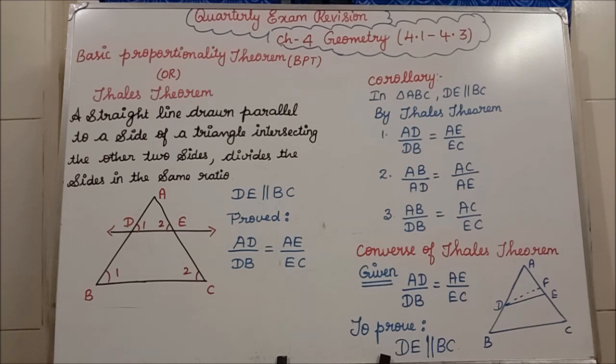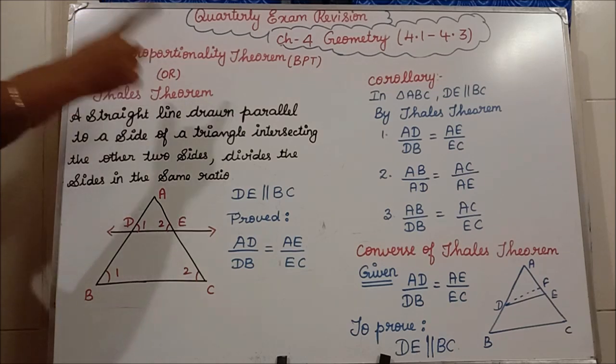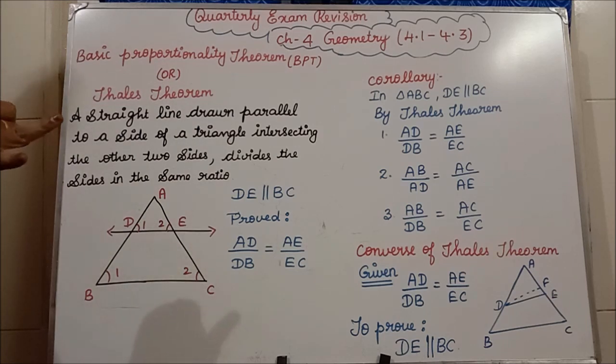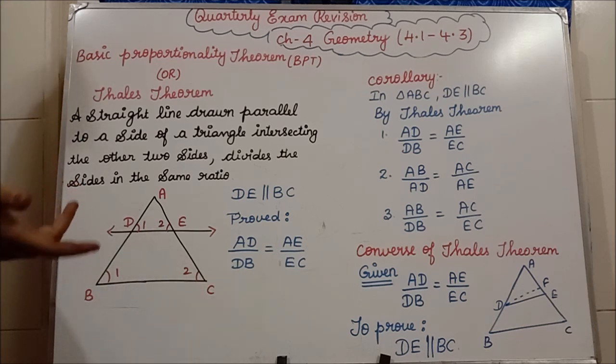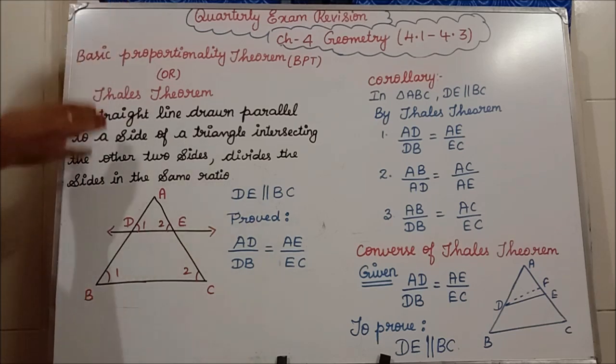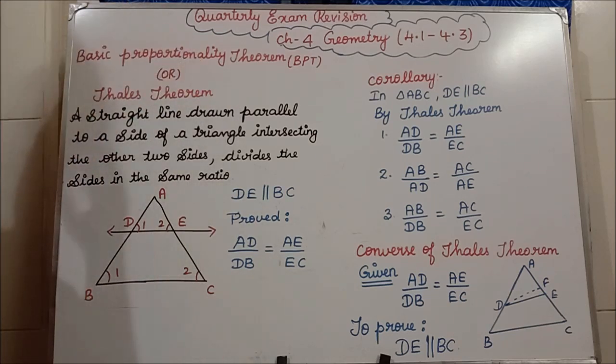In exercise 4.2, we are dealing with two theorems. What are the theorems? The basic proportionality theorem as well as the angle bisector theorem. Based on the two theorems, we will be solving the problems in exercise 4.2. Now first we will see the basic proportionality theorem.